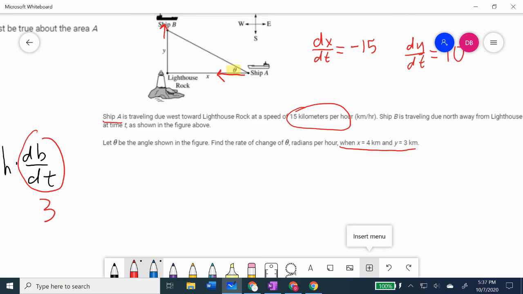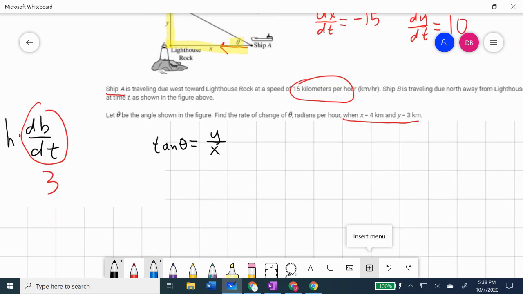All right, now, if I need to deal with theta and both of these sides, then I'm going to use tangent. Anytime you have a right triangle and theta is involved, you need to use sine, cosine, tangent, or one of the other three. So tangent theta is equal to opposite over adjacent.